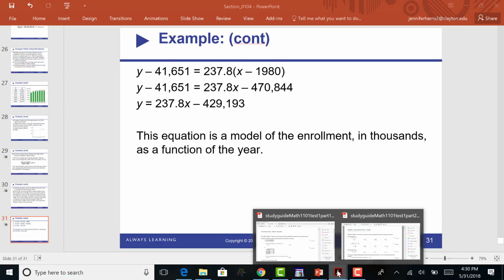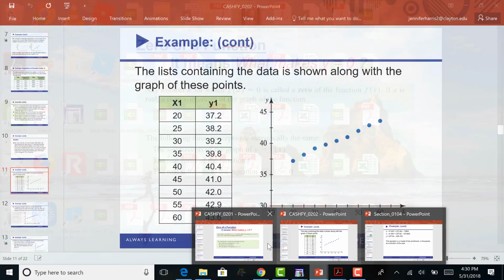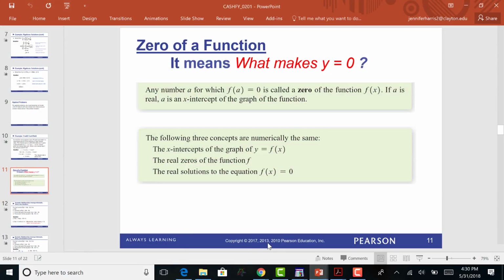All right, chapter 2 is here. Oh, I didn't rename it. I meant to rename it.